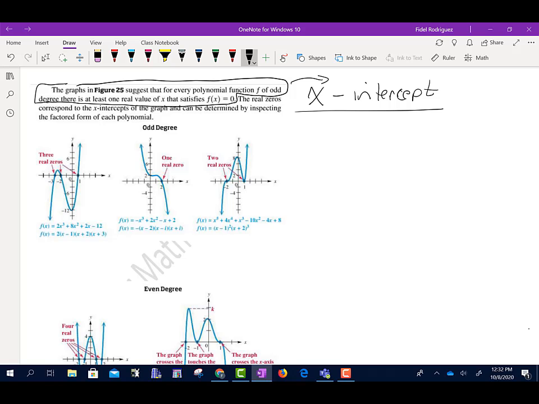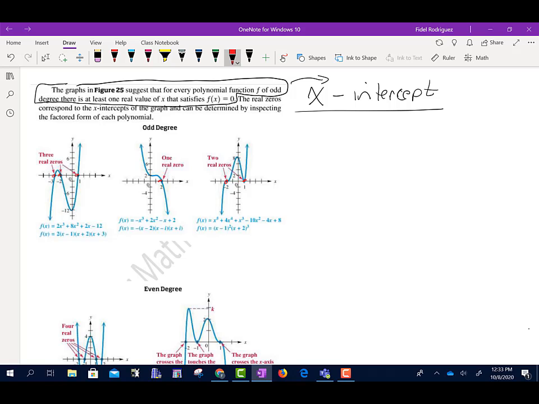The real zeros correspond to the x-intercepts of the graph and can be determined by the factored form of each polynomial. So you can see we're looking at our x-intercepts. There's 1, 2, 3. There's one right here, there's one right here, and there's one right here. Okay?